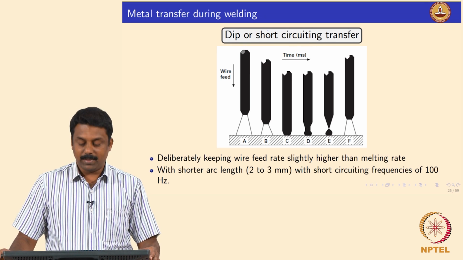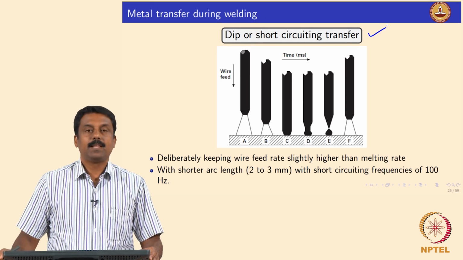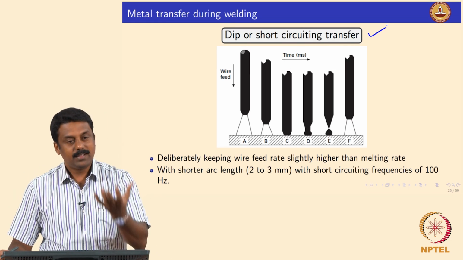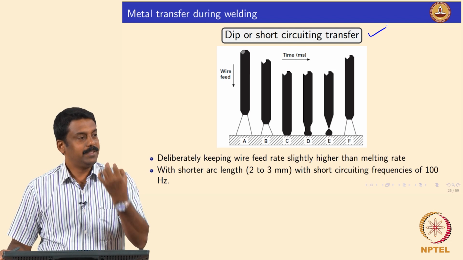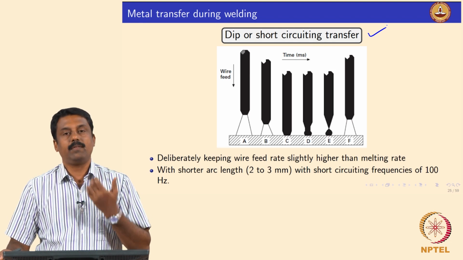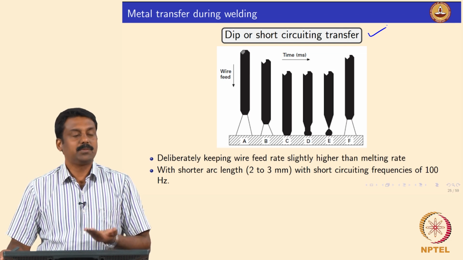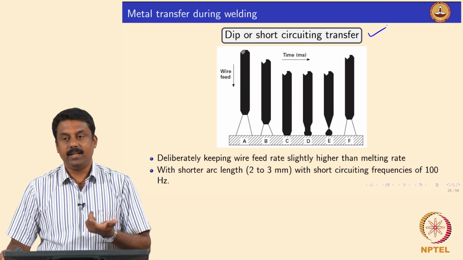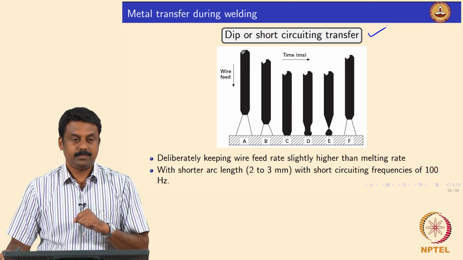Okay. So, this is a part of non free flight transfer. In free flight transfer, droplets are transported from the tip by free flight, is not it. So, you can also achieve the transfer by short circuiting. There are a lot of advantages of having a short circuiting transfer. One of the major advantages is controlling the heat input.